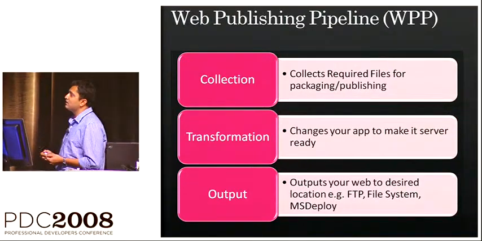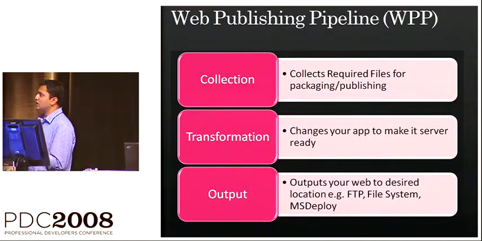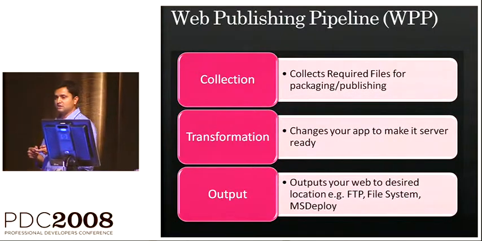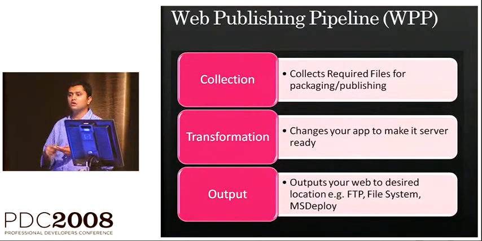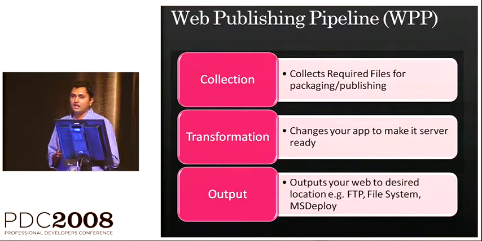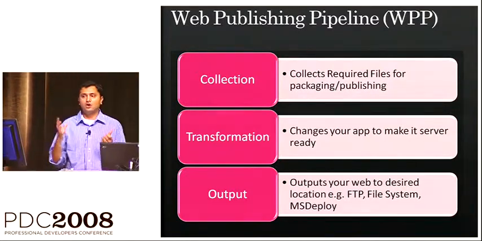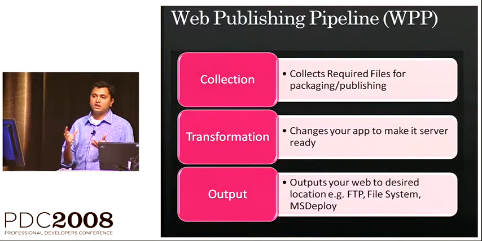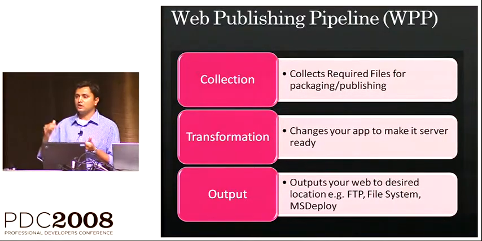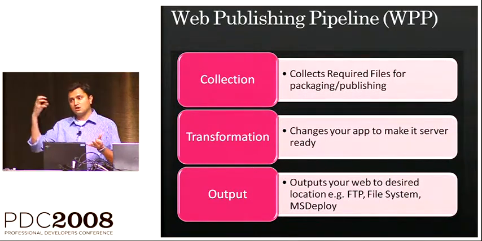And the web publishing pipeline basically is broken down into 3 primary sections: collection, transformation, and output. So collection, what we do is that we essentially start taking all of your files and putting them into an in-memory list. We try to find out what are the files you really require. We put them into an in-memory list, and that whole process is called collection.